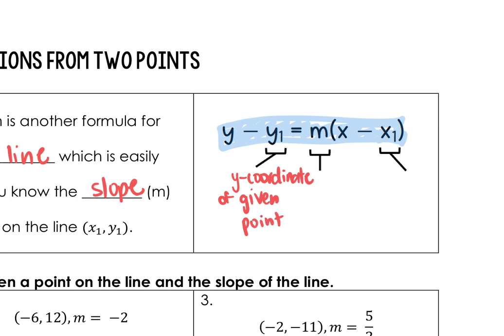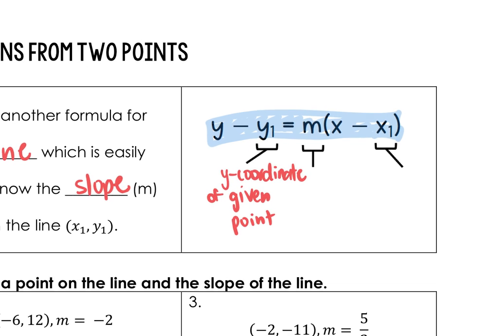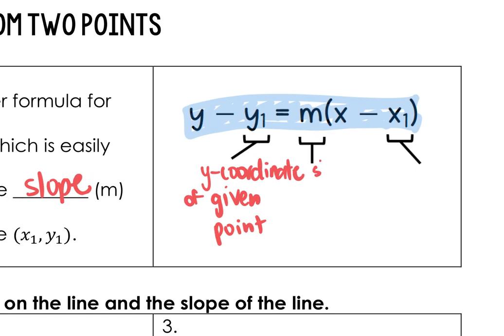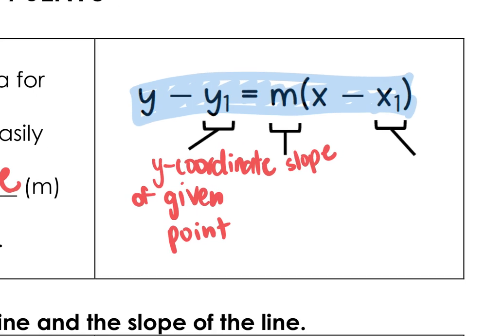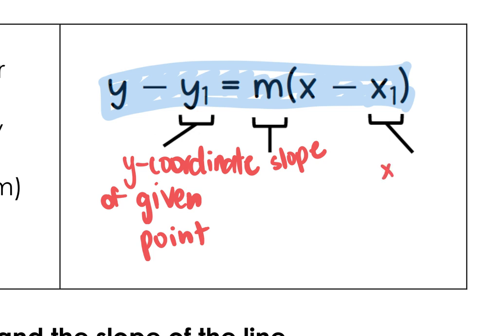So we're going to plug in the y coordinate of a point that we know in for y1. Then the m, just like in slope-intercept, is going to be our slope. And then that x1 is going to be the x-coordinate of the given point.